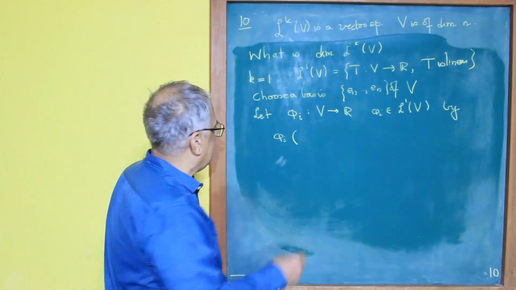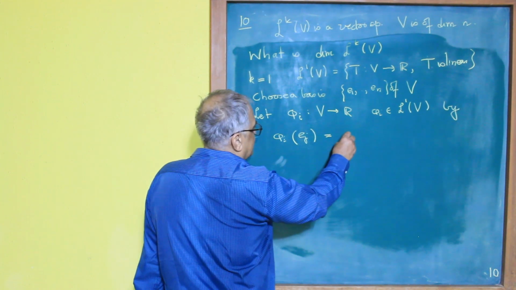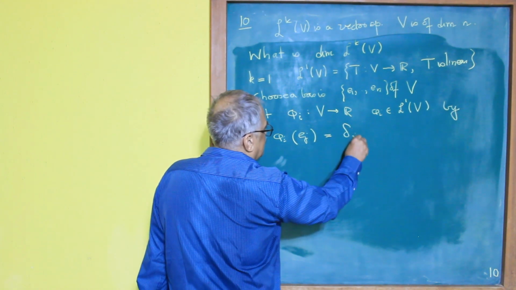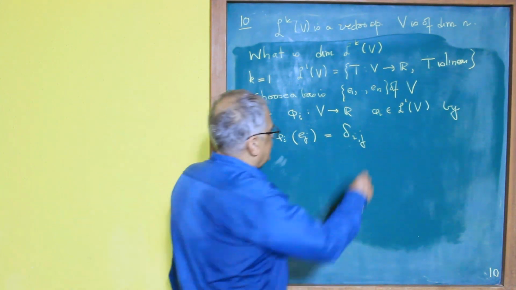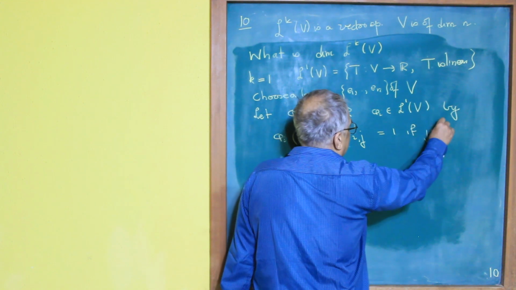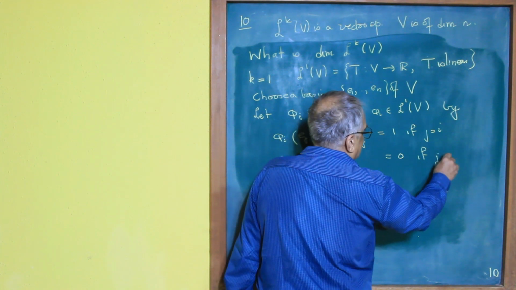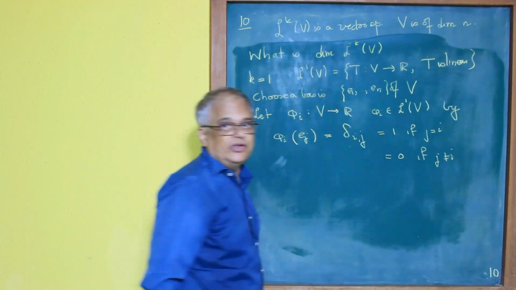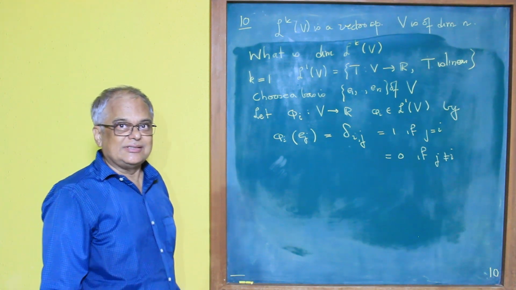So I will say that phi_i of e_j is equal to delta_ij. What is delta_ij? This is equal to 1 if j is equal to i, and equal to 0 if j is not equal to i. Remember, you have come across this earlier.